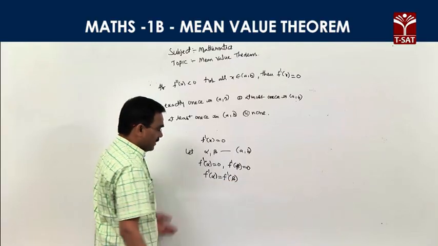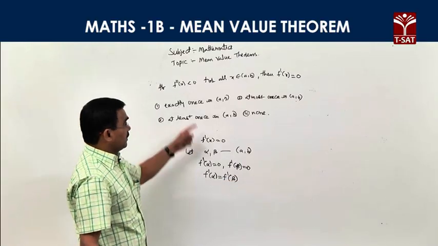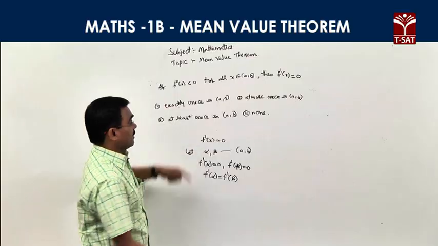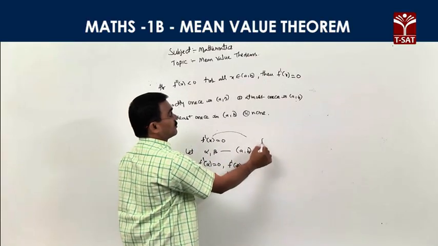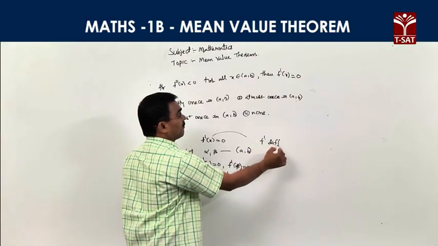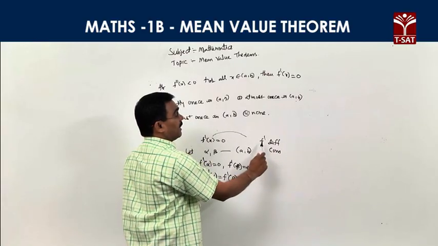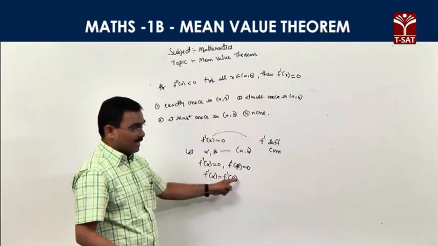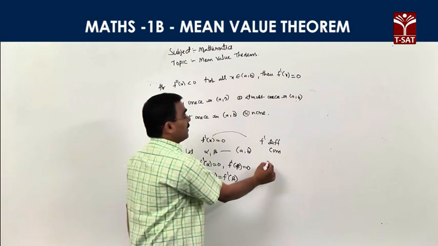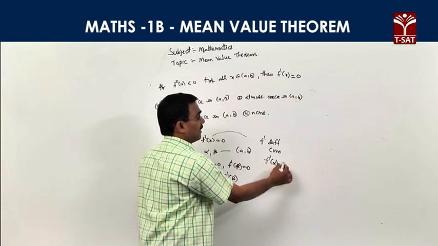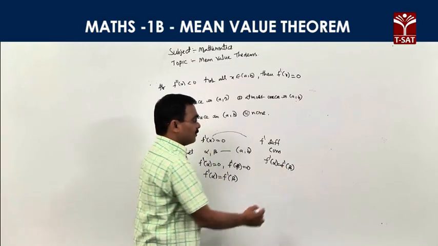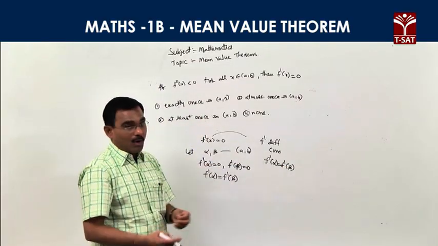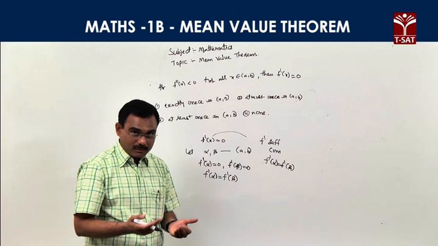Therefore, what is the observation? The second derivative of f exists, which means f dash is differentiable, and every differentiable function is also continuous, so f dash is continuous. And f dash alpha is equal to f dash beta. So therefore f dash satisfies all conditions of Rolle's mean value theorem, right?